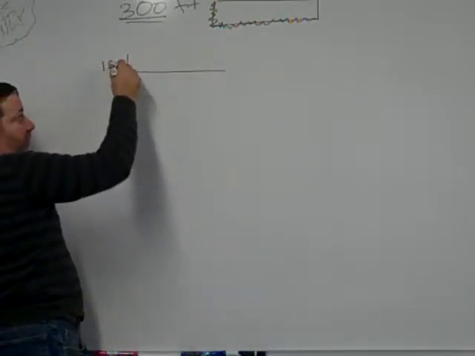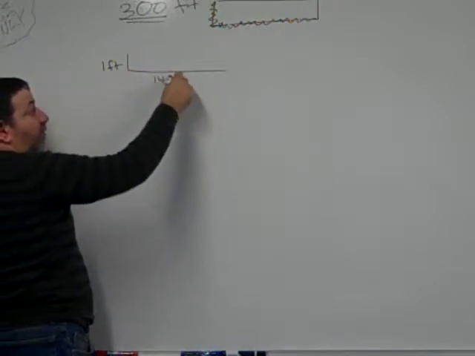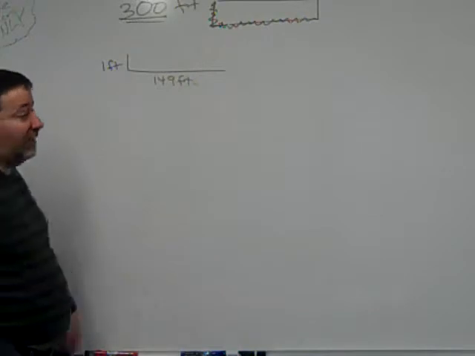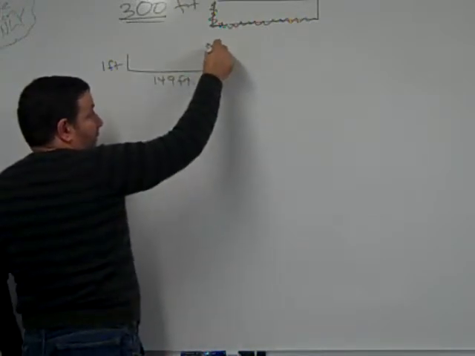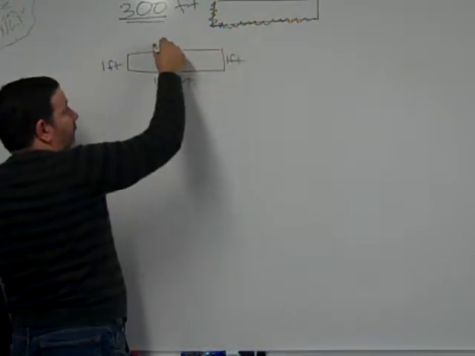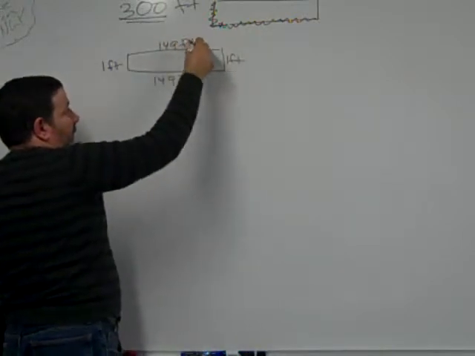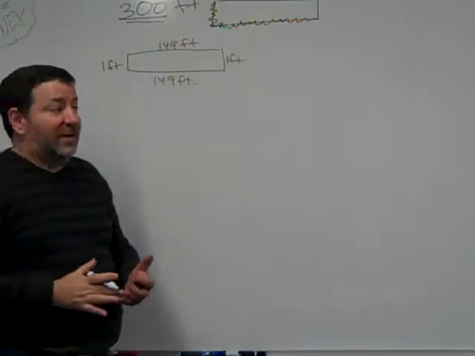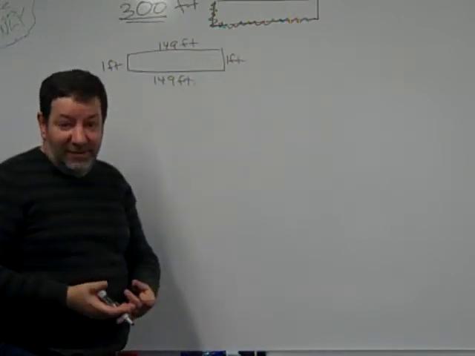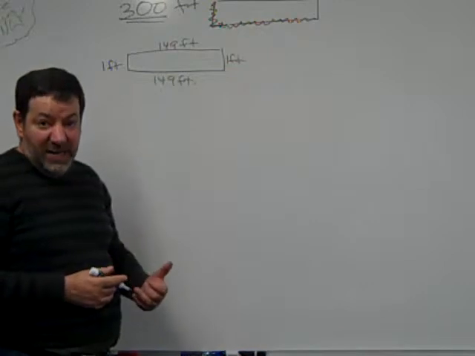What if I do 1 foot by 149 feet? So far I used up 150 feet and then another 150. I just want to motivate that the answers to the square footage is going to be different depending upon your dimensions.